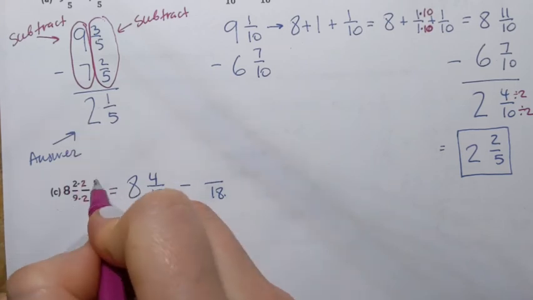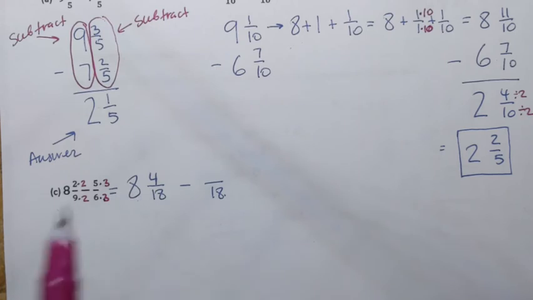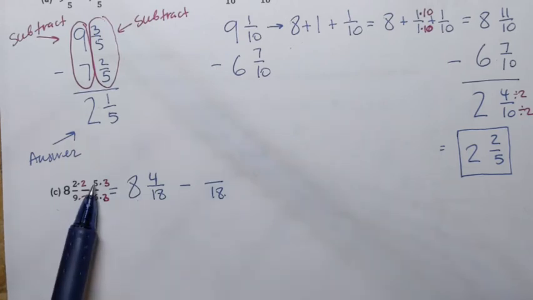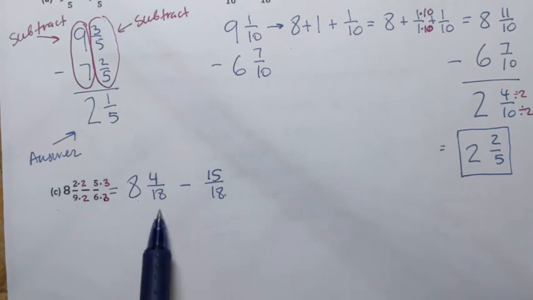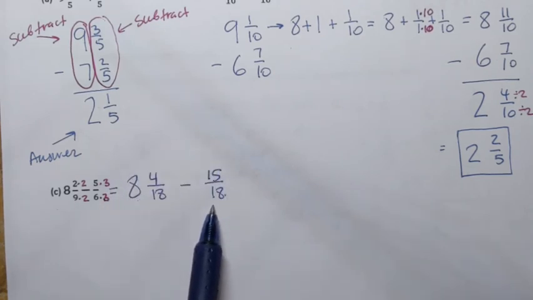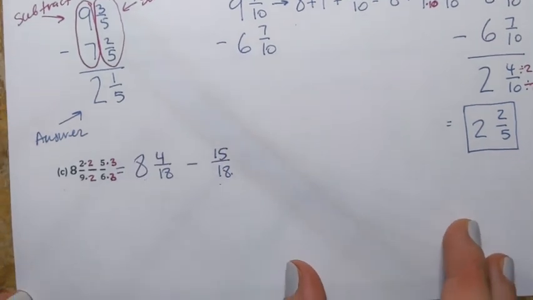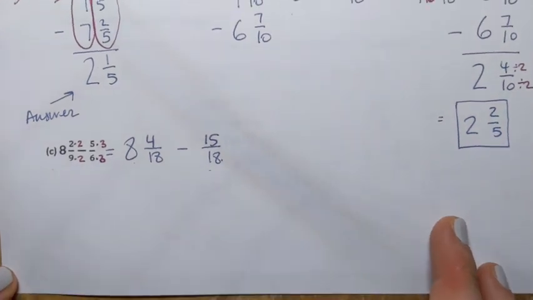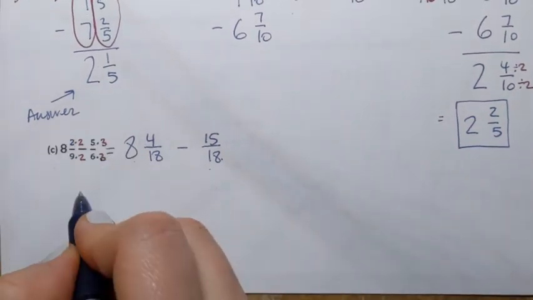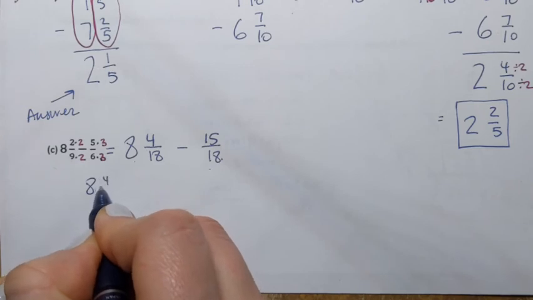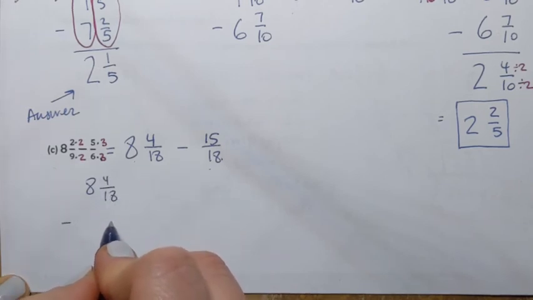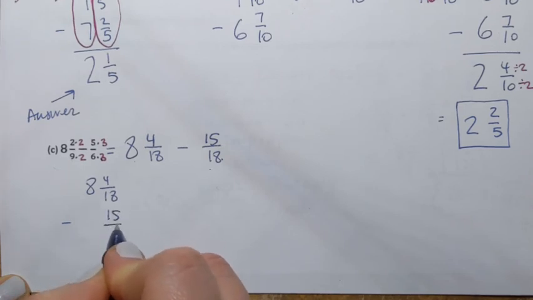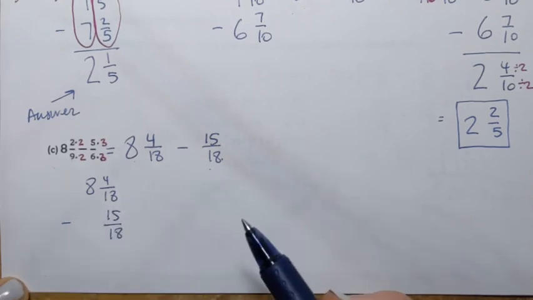If I multiply on the bottom, I have to multiply on the top. And that means that numerator becomes 5 times 3, 15. So once the denominators are the same, I am ready to subtract. I will align those numbers vertically down here. So it's 8 and 4 over 18 minus 15 over 18. So the second number is just a fraction.